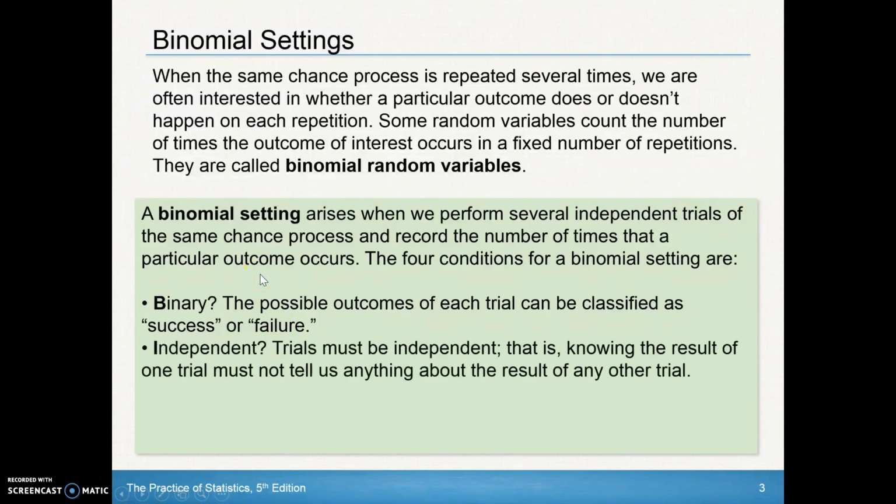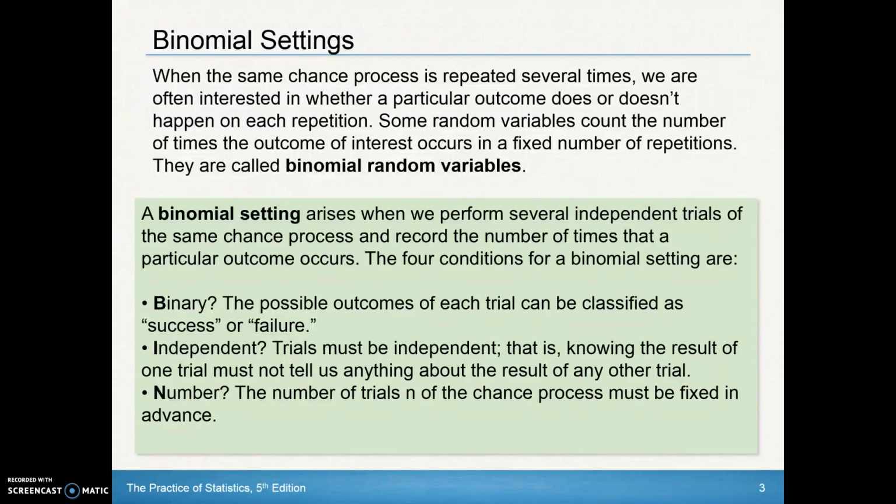It must be independent. Trials must be independent. That is, knowing the result of one trial must not tell us anything about the result of any other trial. In other words, the first one does not affect the second one. The second one does not depend on what happens in the first. Well, the number of trials, we'll call that N, of the chance process must be fixed in advance. It's like my basket example. I'm saying I'm going to make you shoot 10 free throws.